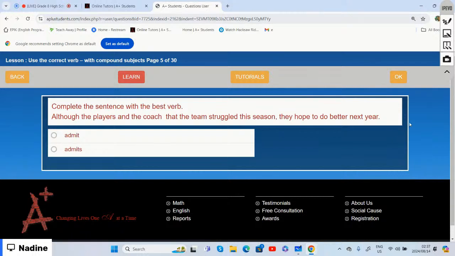All right, the next one says although the players and the coaches, do we say admit that the team struggled this season or admits the team struggled this season? They hope to do better next year.